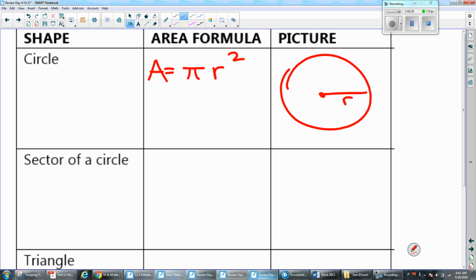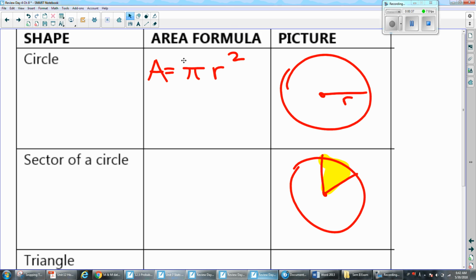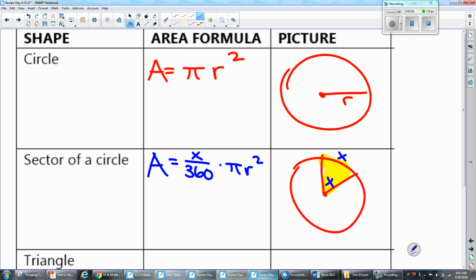A little different when we're talking about a sector of a circle. That's like finding an area of this piece of pie. So when we're trying to find just the area of the slice of the circle, if this central angle is x degrees or the arc measure is x degrees, we're going to take a fraction of the circle, x degrees out of the total 360, and multiply that by the normal area formula, pi r squared.